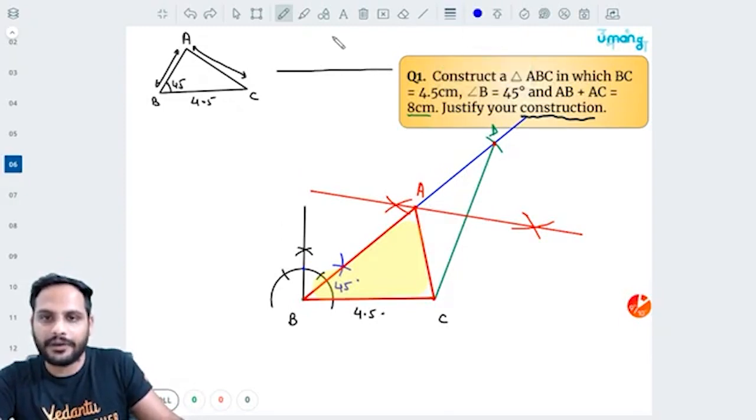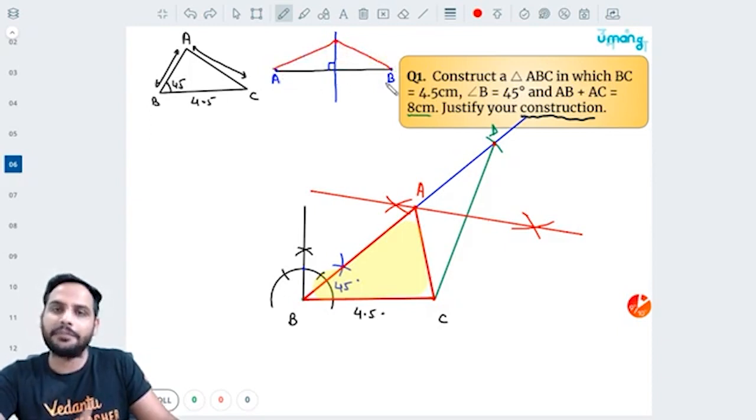If I draw the perpendicular bisector for any line, suppose this is the point A, this is the point B, then all the points on the perpendicular bisector are equidistant from A and B. So all the points on this perpendicular bisector, anywhere you take, this and this will be equal, this and this will be equal.